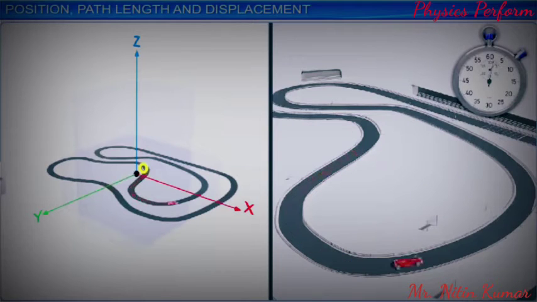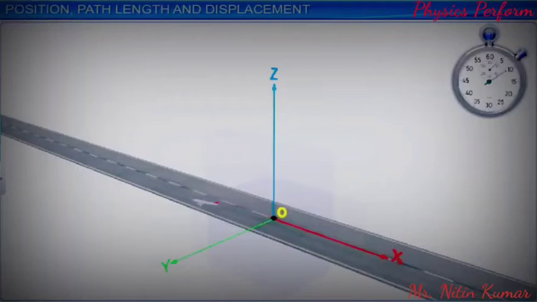If the body is moving in a plane, then we consider any two of the three reference axes. If the body is moving in space, which is three-dimensional, then we have to consider all the three reference axes.